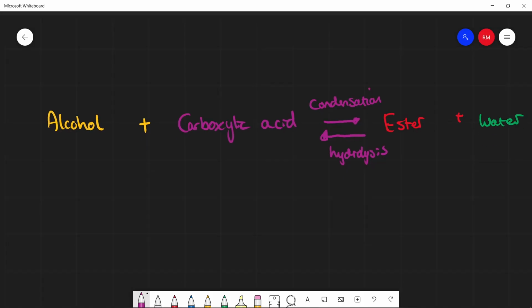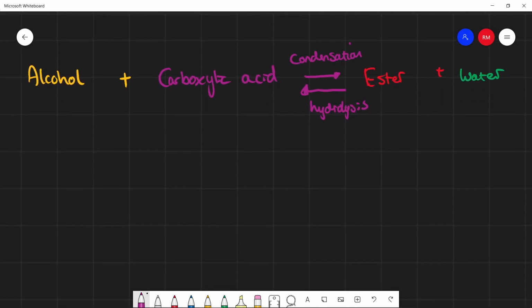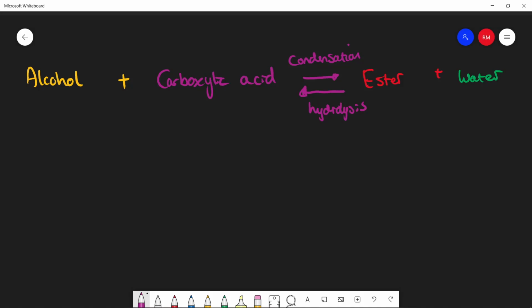So I'll just give you a quick example here of what I mean. Say we have ethanoic acid. Here, I'll draw it out. Ethanoic acid. And then, say we have maybe some methanol. This is in a different color.